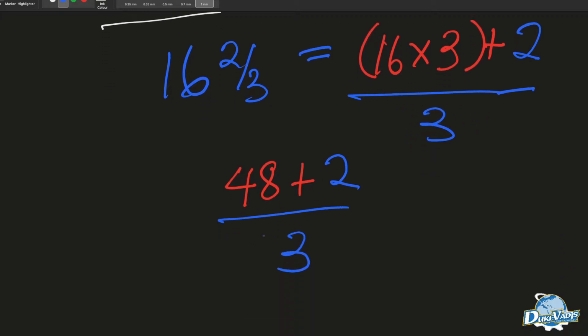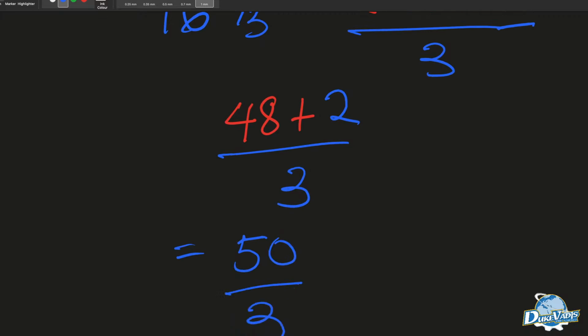So this is equal to 50 divided by 3. So you see, we have been able to do how to convert mixed fraction to a whole fraction, or some people call it proper fraction.